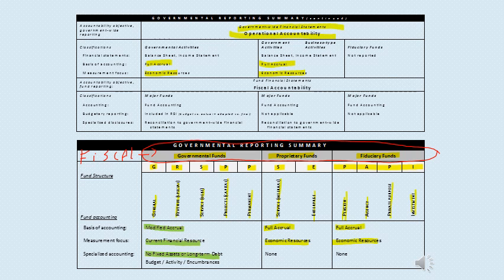Now, remember, we're up here with our operational accountability focus as our government-wide statements, and when we are looking at those, we're going to see that we are going to have our individual funds which will get rolled up and consolidated at that government-wide level. So let's just go ahead and see what that would look like.